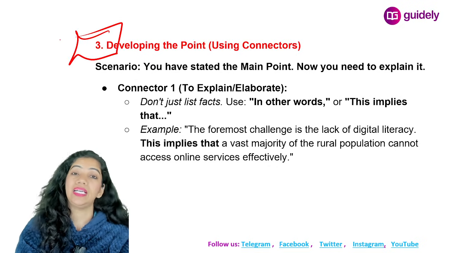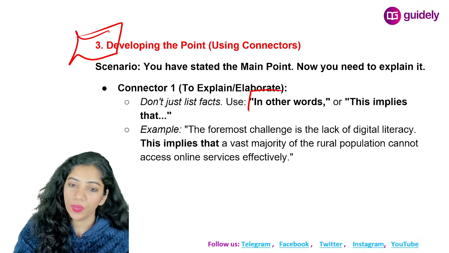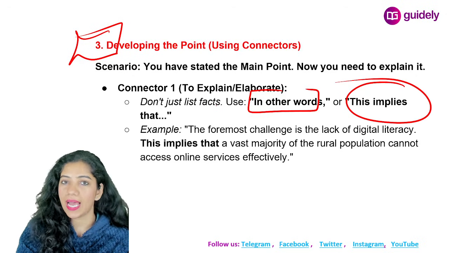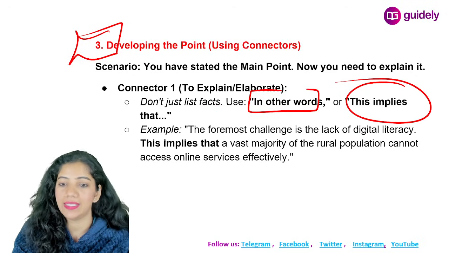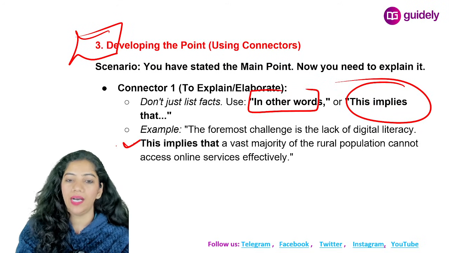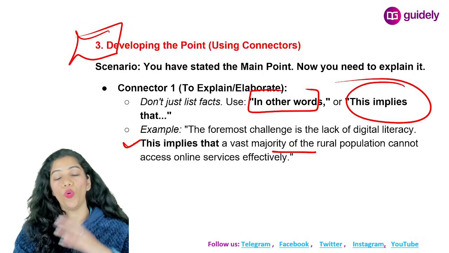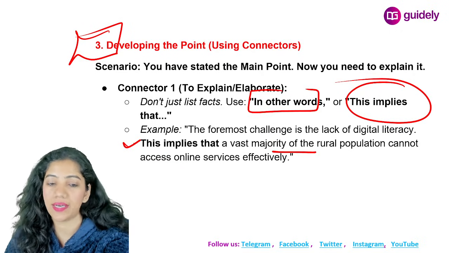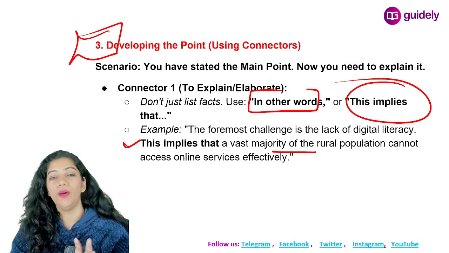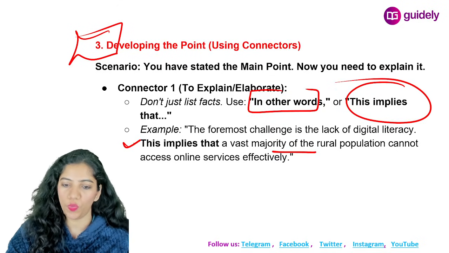Developing the point, connectors का यूज करना बहुत जरूरी है. In other words, this implies that the foremost challenge is the lack of digital literacy. This implies that a vast majority of the rural population cannot access. So don't just finish one line and start another one. Rather, pick a good connector and then extend your point, what you want to convey.